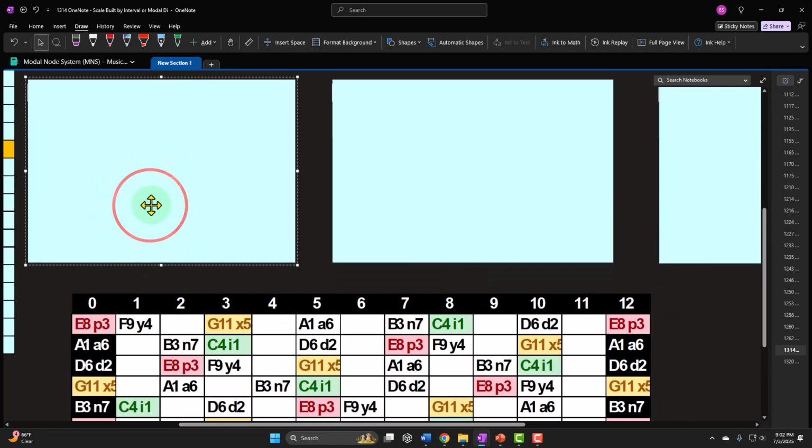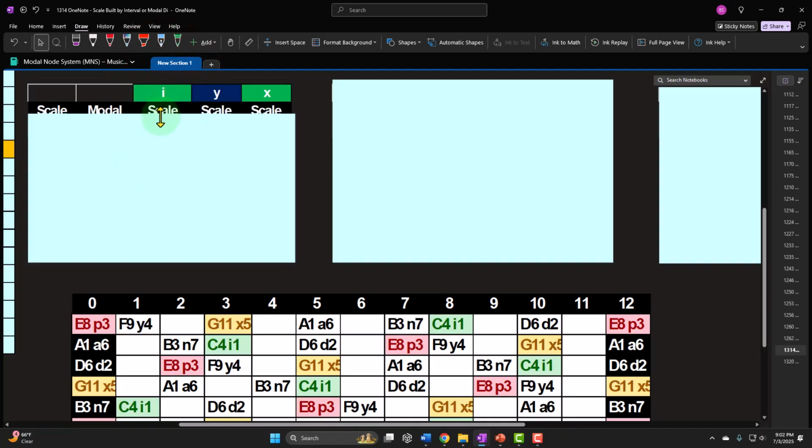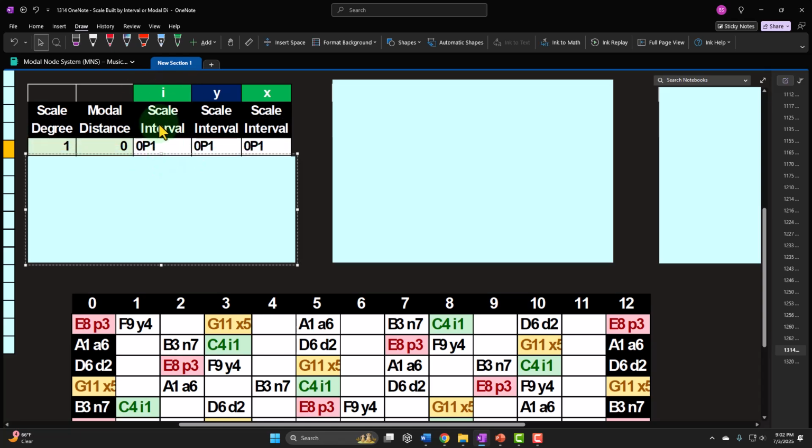For example, you might have a table like this, where I have Ionian, Lydian, Mixolydian, the 3 major modes, and I might just want to compare the scale degree intervals, meaning you have a perfect first, perfect first, perfect first for scale degree 1, first modal half step. The second scale degree is also a 2-note away major second across the board.